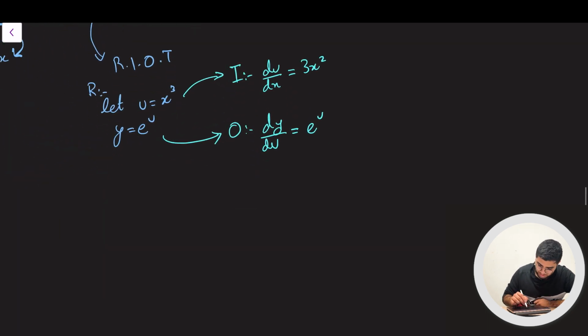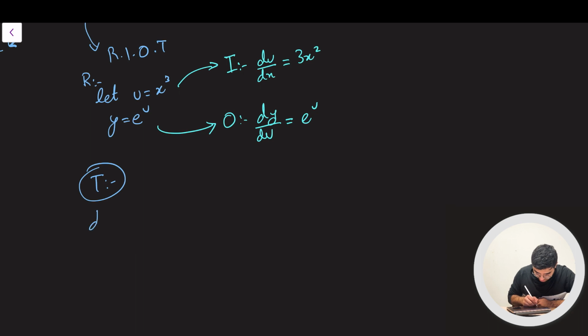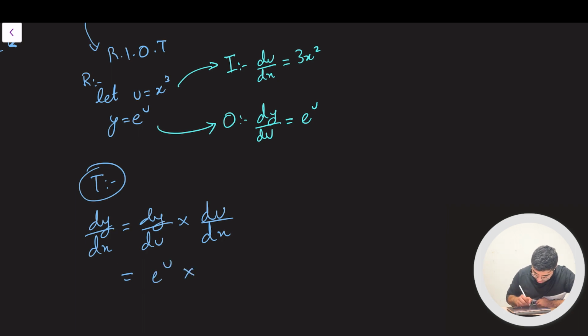And now we use our together step. We start with what we're trying to find, dy on dx, and we put our outer function together with our inner function, and we get e to the u times 3x squared.